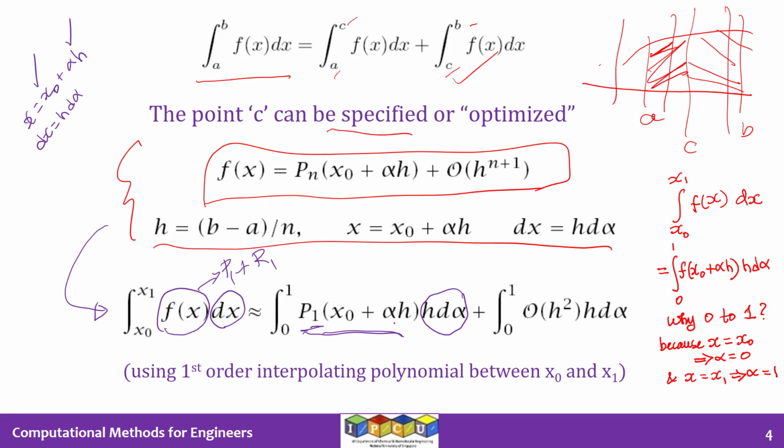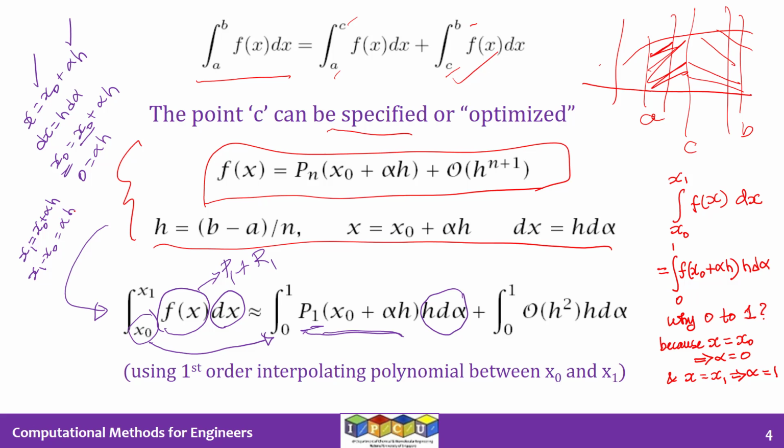Now, the limits of the integral also change because when x is equal to x0, alpha will be equal to 0. Please note that when x is equal to x0, x0 plus alpha h on the right hand side. So x0 comes to this side, you have 0 is equal to alpha h, and we know h is not 0, therefore alpha is equal to 0. So x0 in the new variable alpha changes to 0. And x1 changes to alpha is equal to 1 because x1 is equal to x0 plus alpha h, and therefore x1 minus x0 is equal to alpha h.